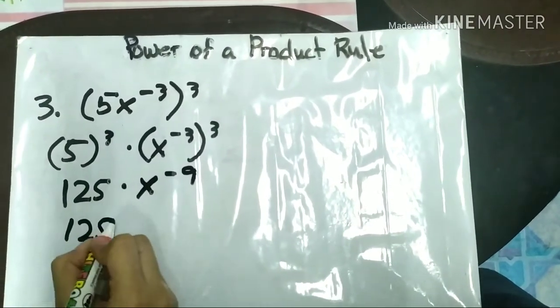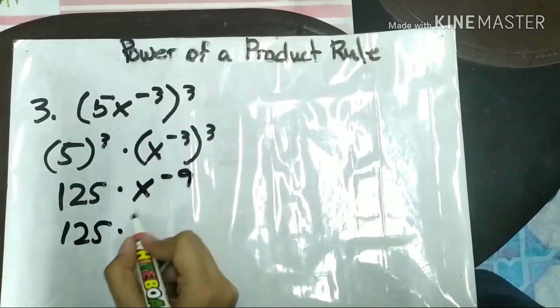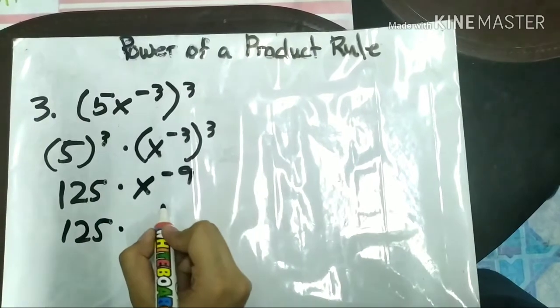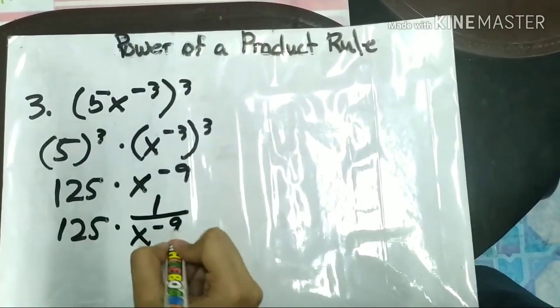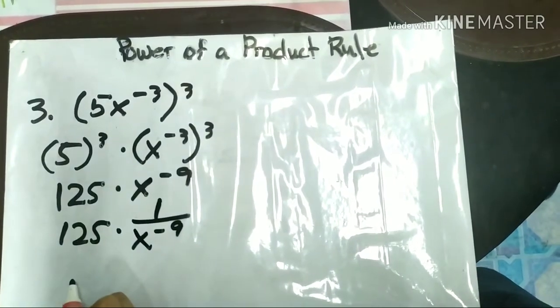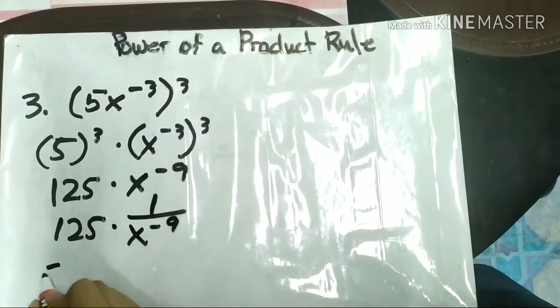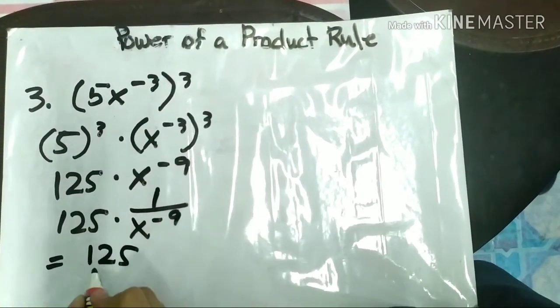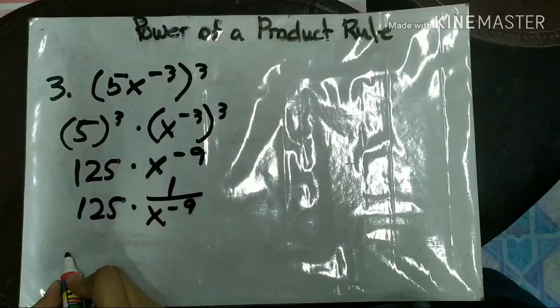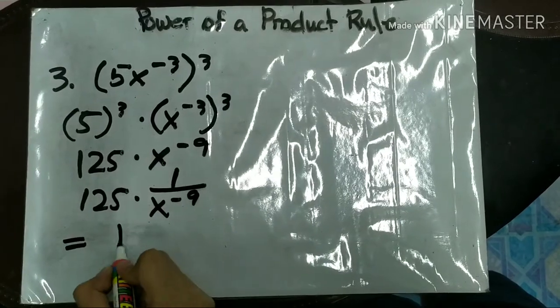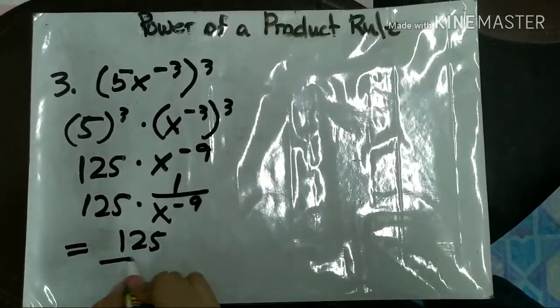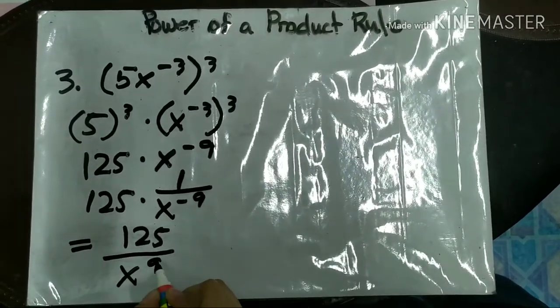After that, reciprocate the x raised to negative 9, resulting in 1 over x to the power of negative 9. Now, the final answer will be 125 over x to the power of 9.